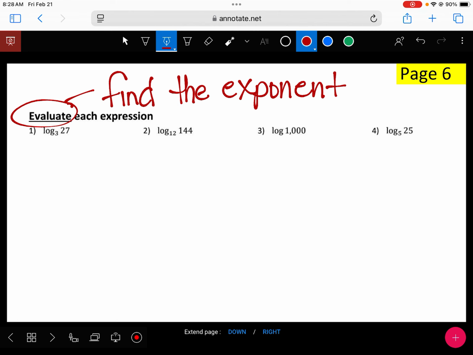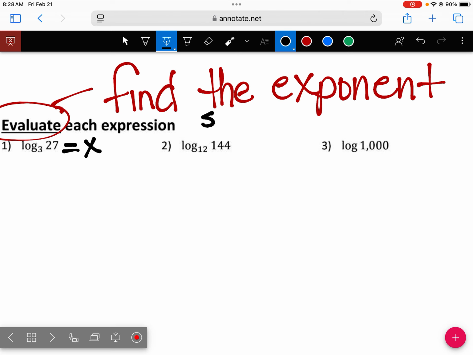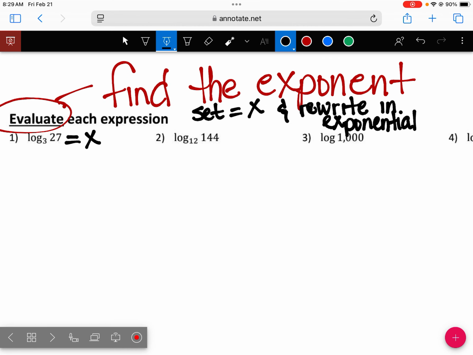So in order to do that, the first thing I like to do is set it equal to x, and then rewrite it in exponential form. That's how we're going to start whenever it asks us to evaluate.